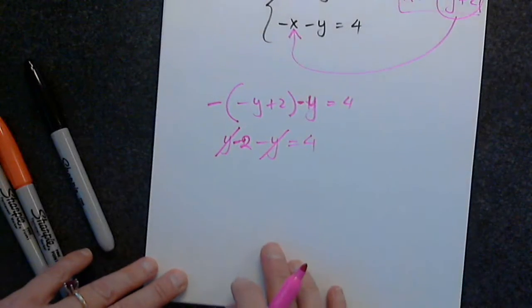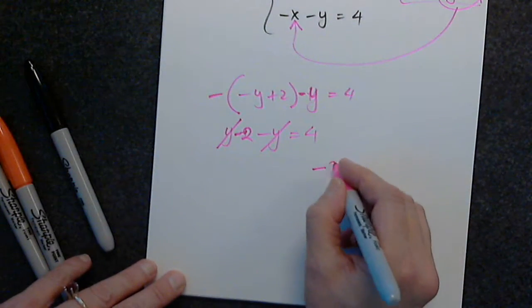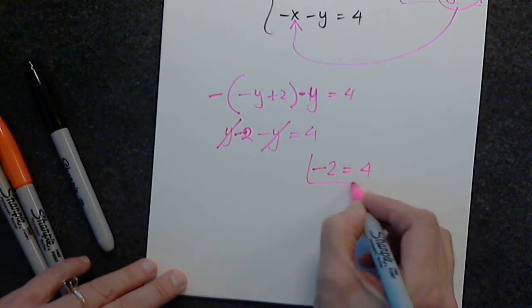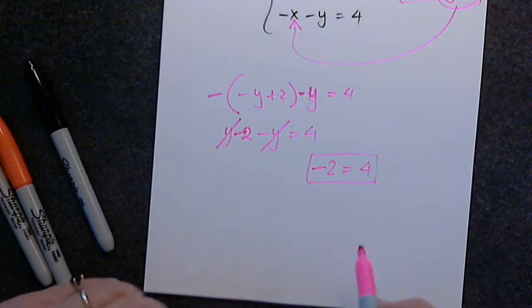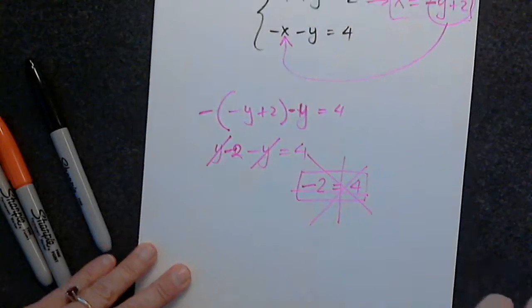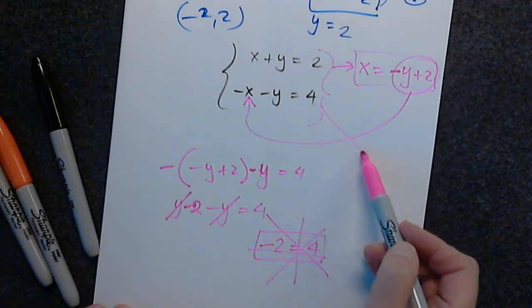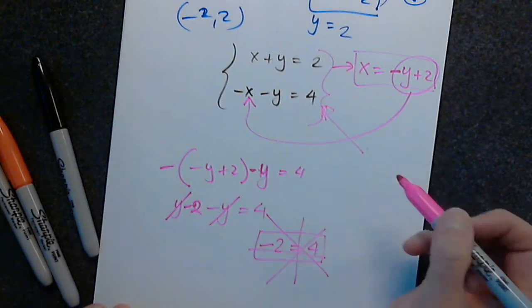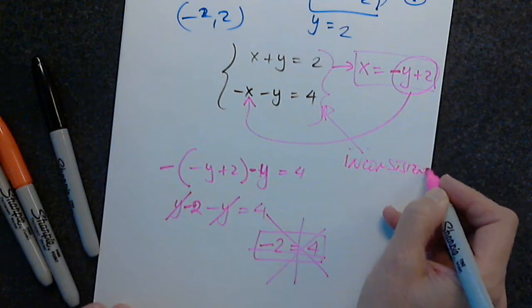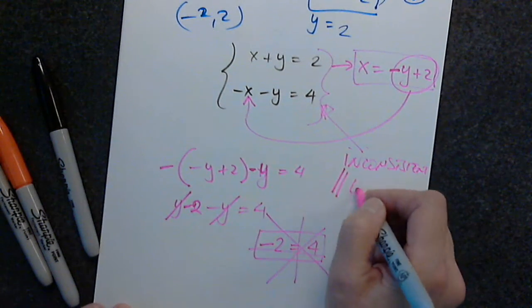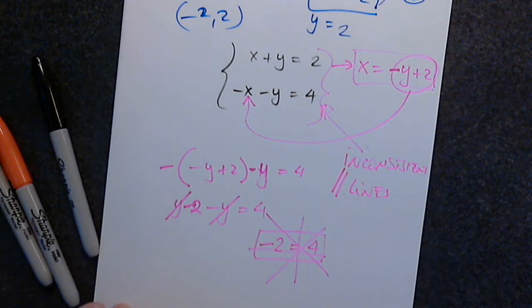These two go away. And I'm telling you, negative 2 is the same as 4. Would you accept that? No. So then what would you conclude about this system? Inconsistent, parallel lines, it must be.